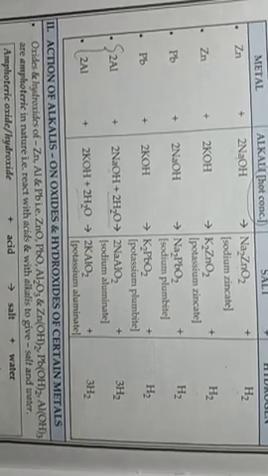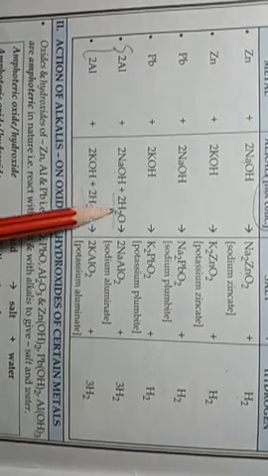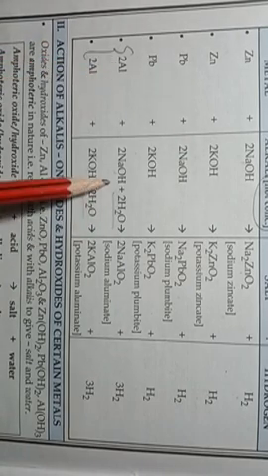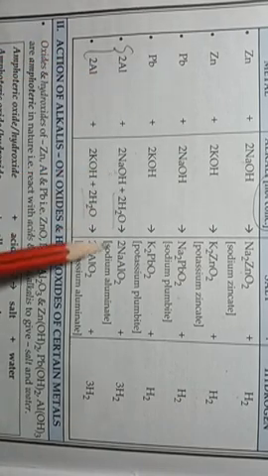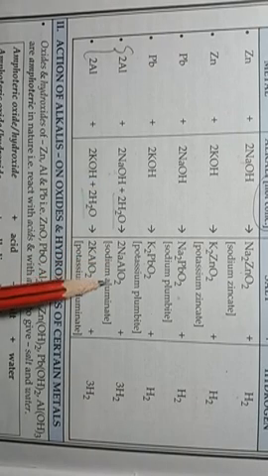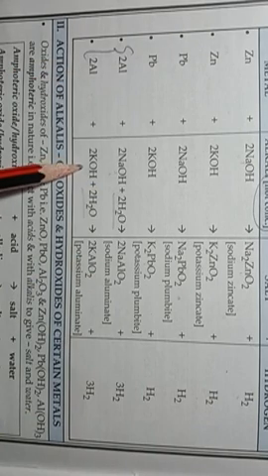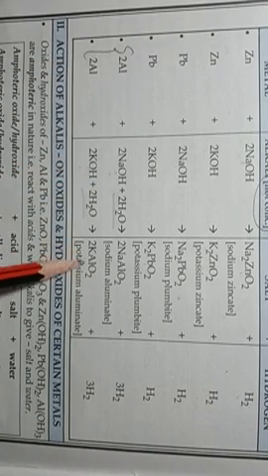Okay students, so this point is very important. Aluminium with sodium hydroxide forms sodium aluminate plus hydrogen, and aluminium with potassium hydroxide forms potassium aluminate plus hydrogen.